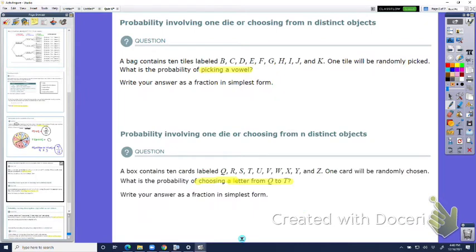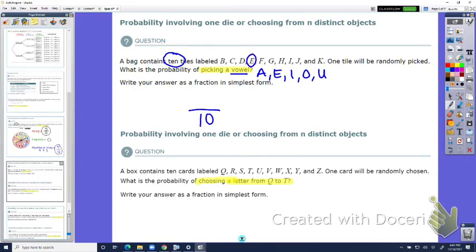All right, this one is another probability question. The bag contains 10 tiles, so that's our denominator, our total, labeled with those letters. One tile will be randomly picked. What is the probability of picking a vowel? Hopefully you know that the vowels are A, E, I, O, and U. So out of 10 tiles, you need to figure out how many are vowels.